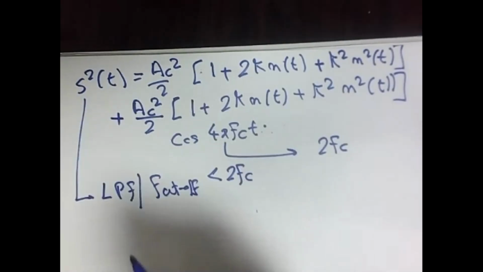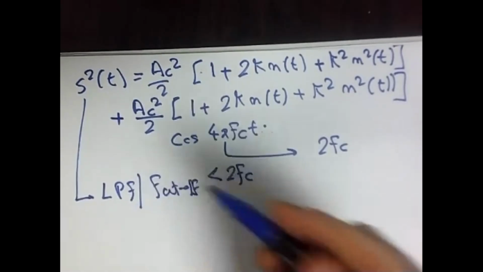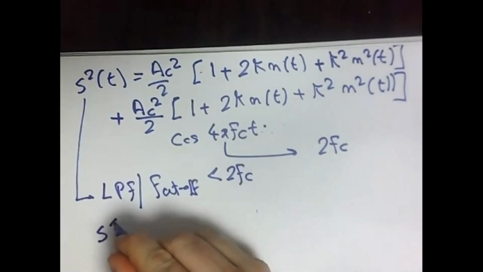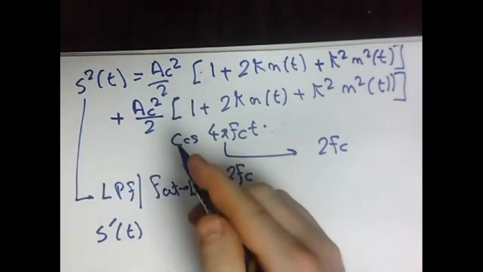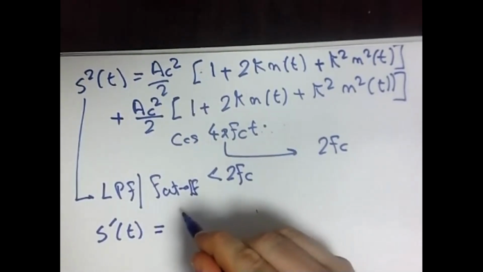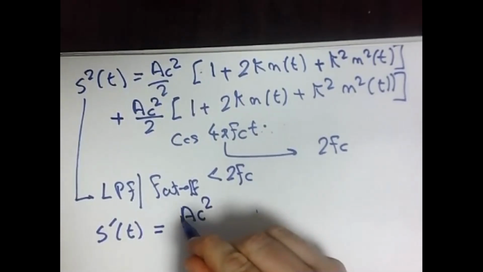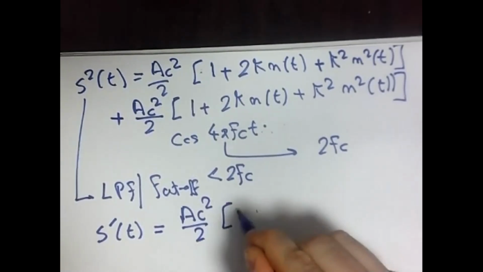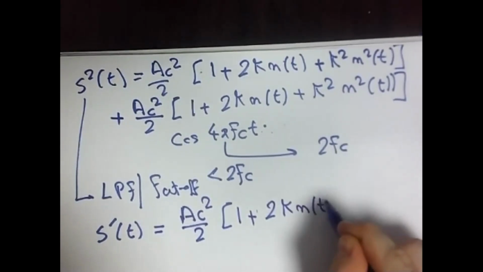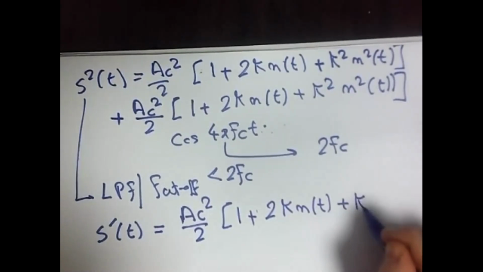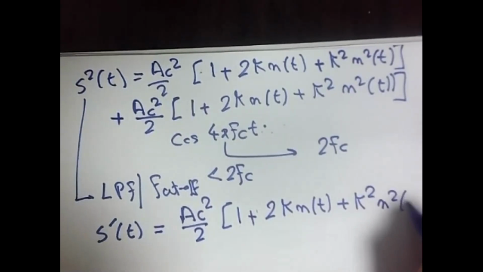Let's call it, for example, S dash of t. So this S dash of t, which is S square of t after passing the low-pass filter, equals Ac squared over 2 times 1 plus 2 k m of t plus k squared m square of t.